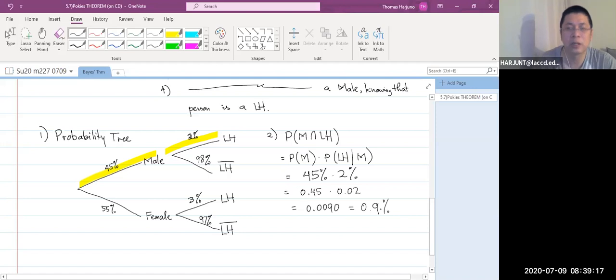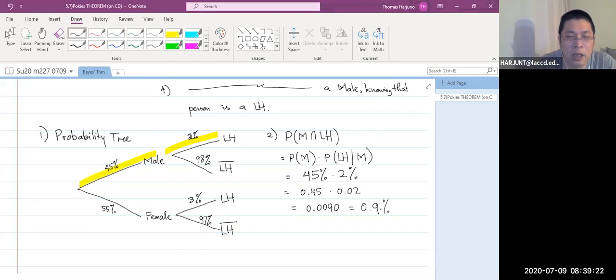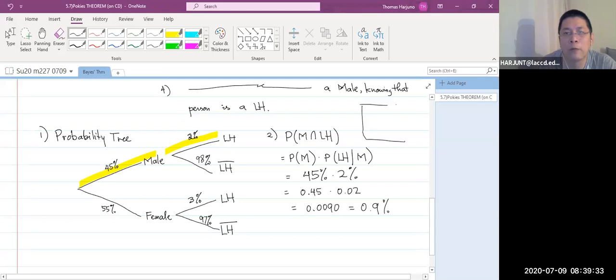Now this 0.9% is the proportion of male and left-handed at the same time in our population. If we don't know anything, we just select from the population, from whoever we can get. Now then, being male is 45%. This is male, this is female. A small portion of this is left hand.